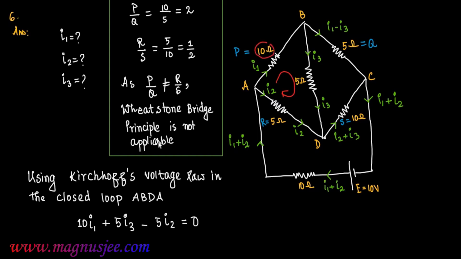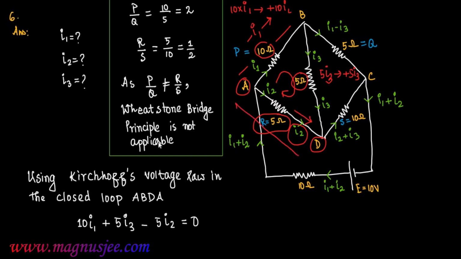We are traveling along ABDA through the 10 ohm resistor. Current I1 is flowing from A to B, and we are also traveling along AB. That's why 10 I1 is positive. Now, the potential difference across the 5 ohm resistor will be plus 5 I3. Across the resistor R equal to 5 ohm, we are traveling from D to A, and current I2 is flowing in the opposite direction.